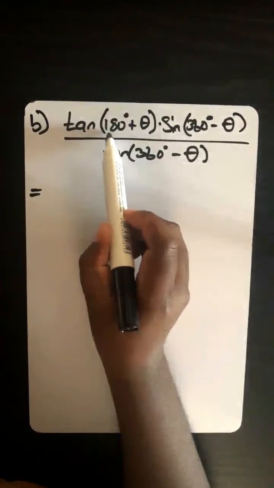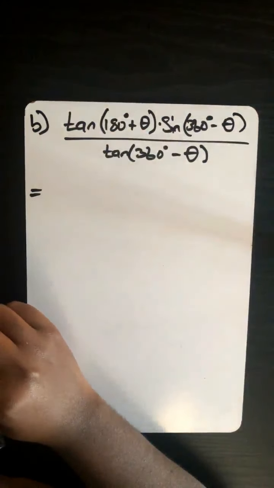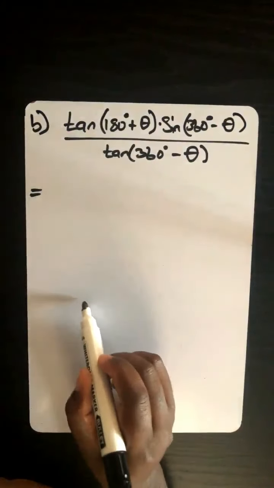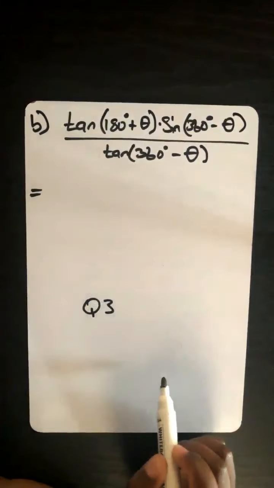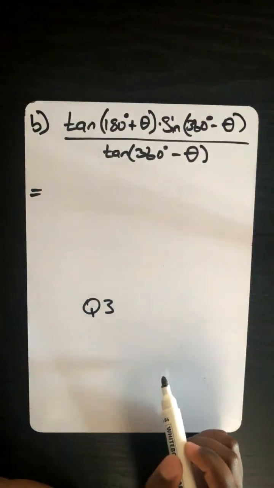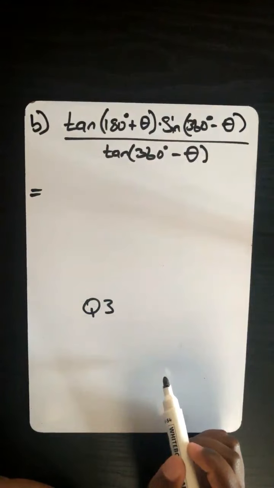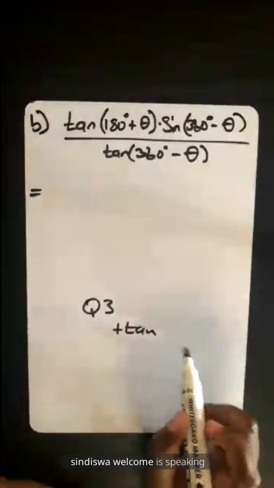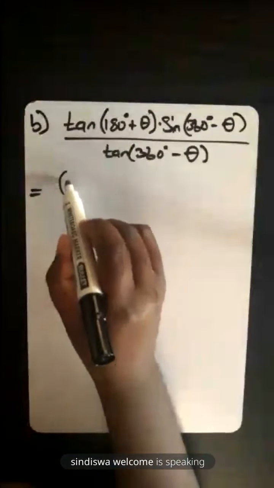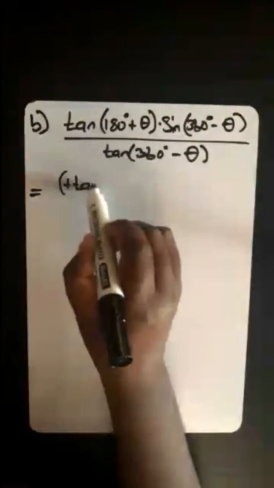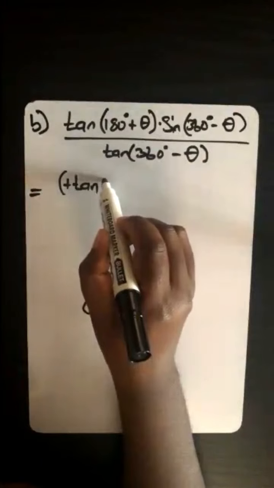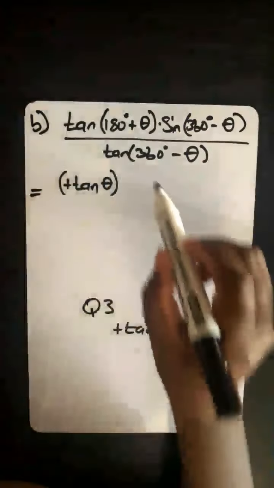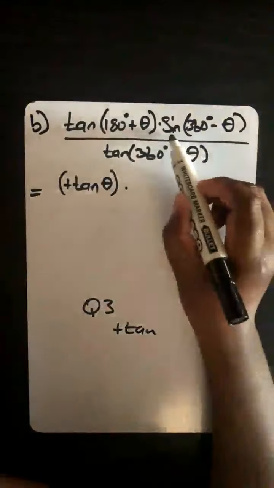So let's now simplify. Remember, guys, you look at the angle and you ask yourself, under which quadrant does that angle fall? Obviously, it's quadrant number 3. So in quadrant number 3, is tan positive or negative? I think tan is positive, 100%. So that means we are going to have positive tan theta multiplied by, let's now get to sine.